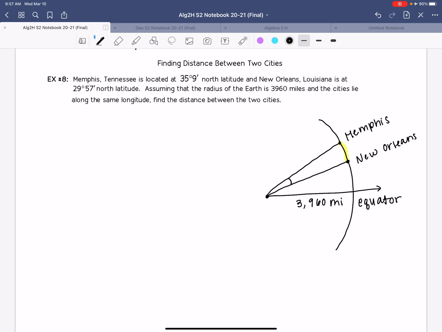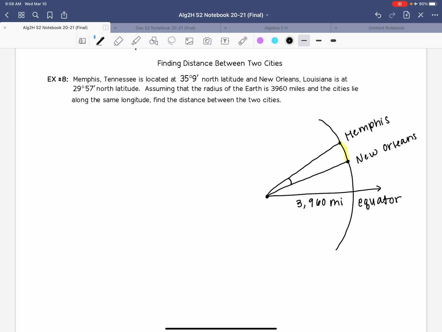So we know one of these, and from here to here is 35 degrees and 9 minutes, and from here to here would be 29 degrees and 57 minutes. We want to find the difference between those. So ultimately, we're just subtracting those.